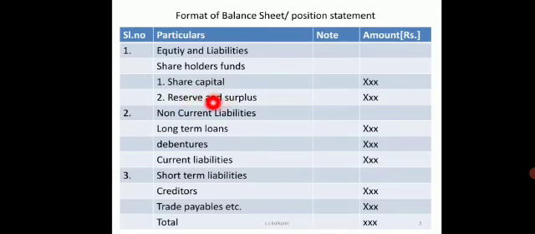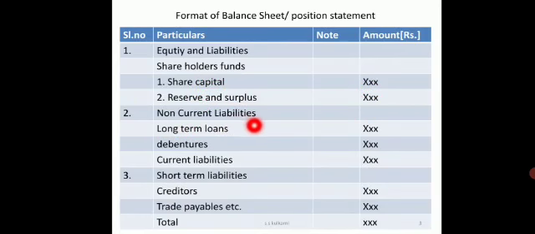Next you are having reserves and surplus, which shows the general reserve, debenture redemption reserve, capital reserve, securities premium reserve, then surplus relating to the current year. All reserves and surpluses are accumulated profits which are part of owners' funds. So both are clubbed together and total A is written and shown in the amount column.